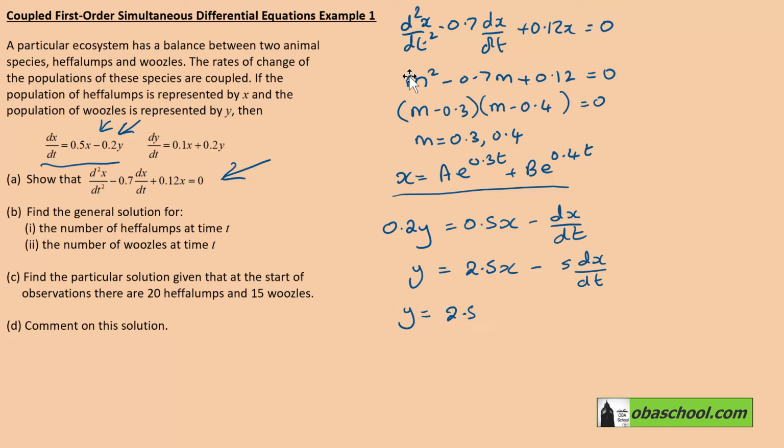So that's going to be 2.5 a e to the 0.3t plus b e to the 0.4t. Take away 5. Now we've got to do dx/dt, so that's going to be 0.3a e to the 0.3t plus 0.4b e to the 0.4t.